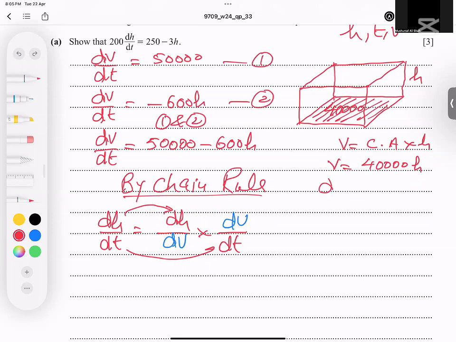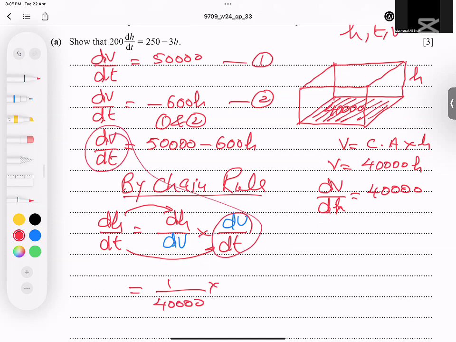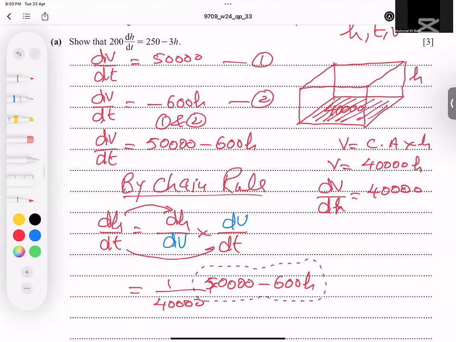If I differentiate dV by dh, it gives us only 40,000. But this is height by volume here, and this is volume by height. So this turns out to be 1 over 40,000. But this value I get from here, the complete equation from this part I talked about. So I'm copying this and pasting it here.